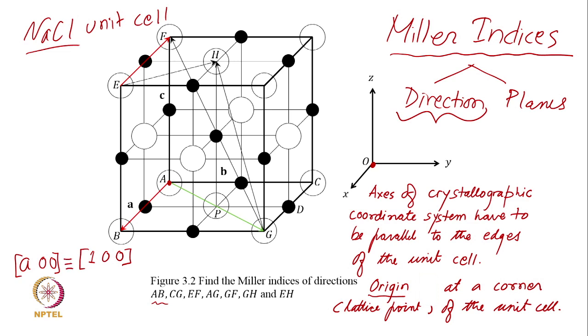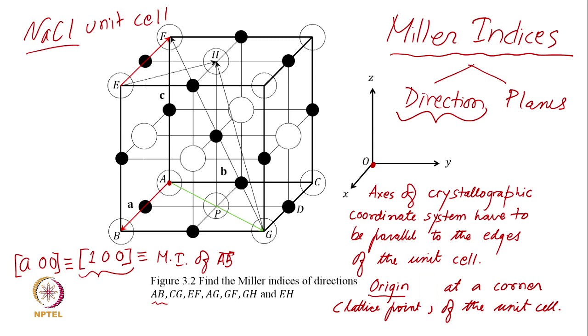So, that becomes 1 0 0. Okay. The components of the vector in the direction itself is the Miller indices. So, we have found the Miller indices of AB. So, this is the Miller indices of AB.